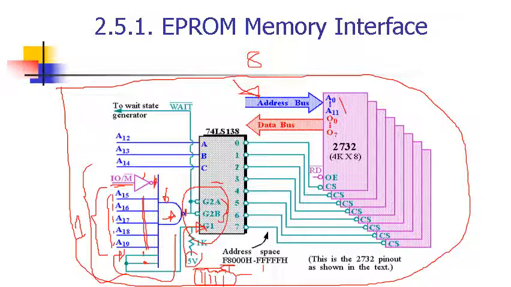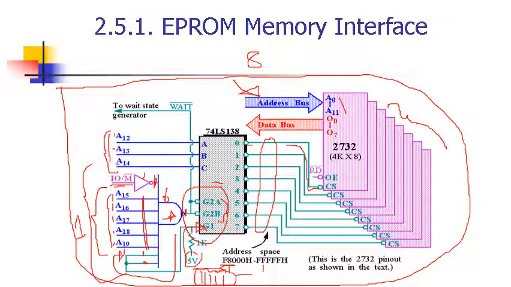Then we're using these 3 address bits, A14, A13, A12, to select among these 8 outputs, to make one of these outputs low at a time, only one low at a time, when communicating with one of these 8 memory chips.